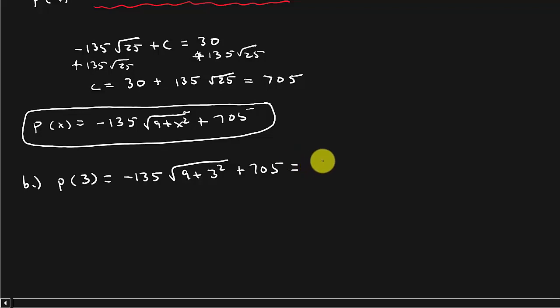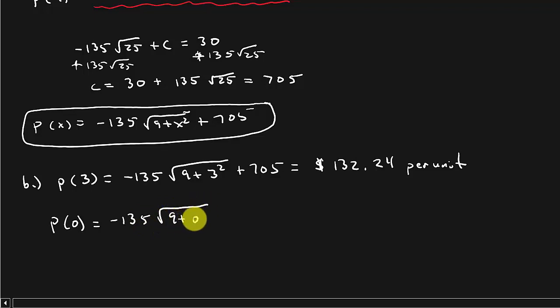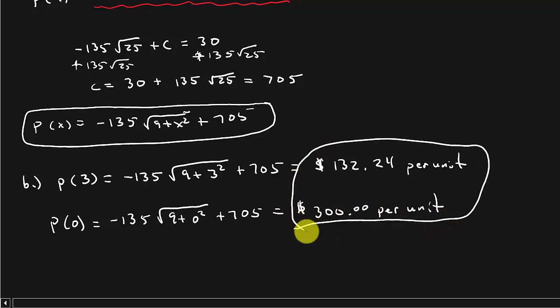It is $132.24 per unit. And then they want to know P of 0. Well, that's negative 135 times the square root of 9 plus 0 squared plus 705. And that is equal to $300 per unit. All right, and that's what they're wanting to know for part B.